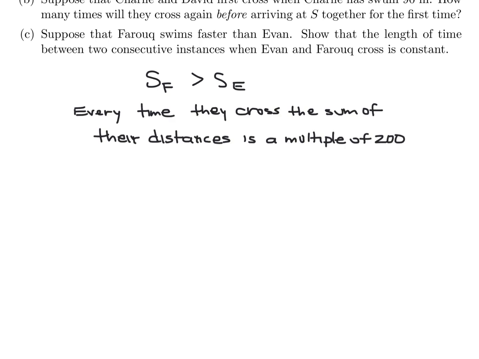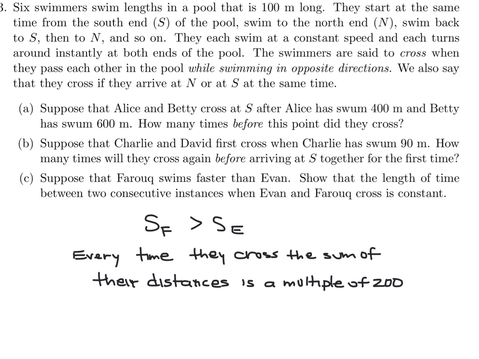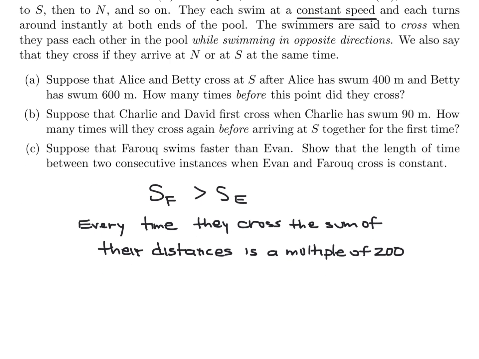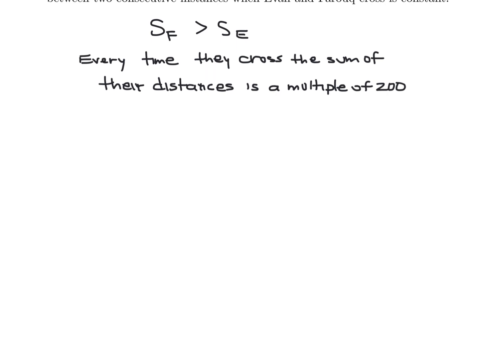And since they cross at intervals of 200, and the question says that their speeds are constant, in the first part, I believe, somewhere in here, the swimmers are said to swim at constant speed right there. Yeah. Okay, that's important.